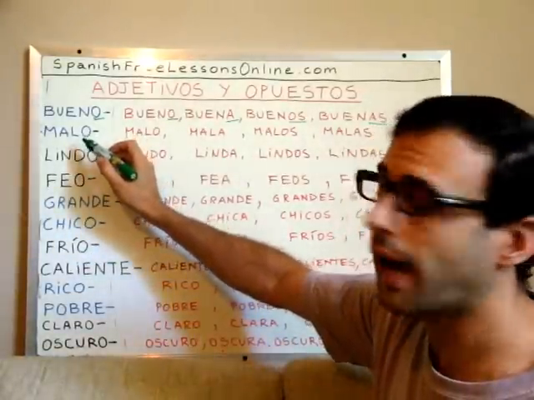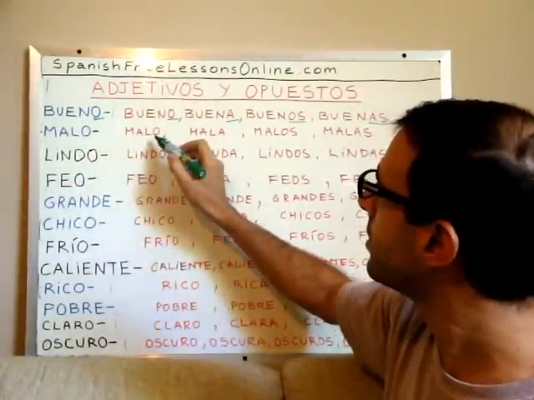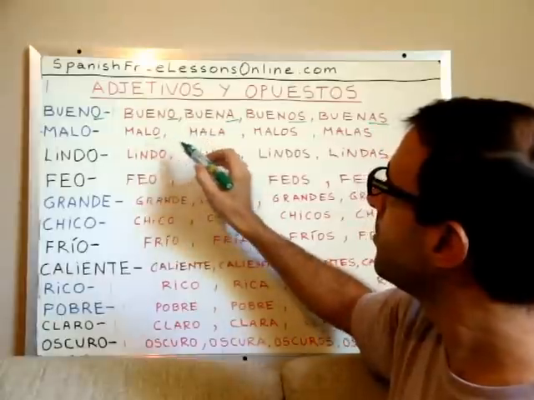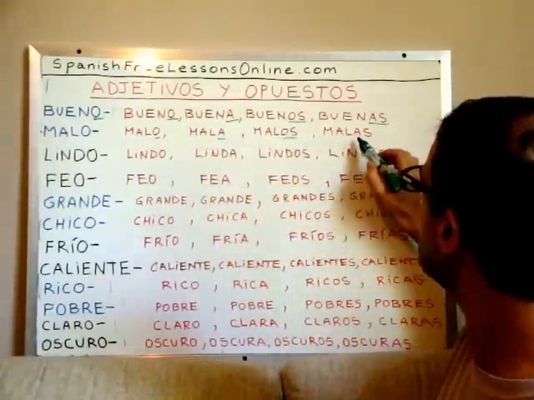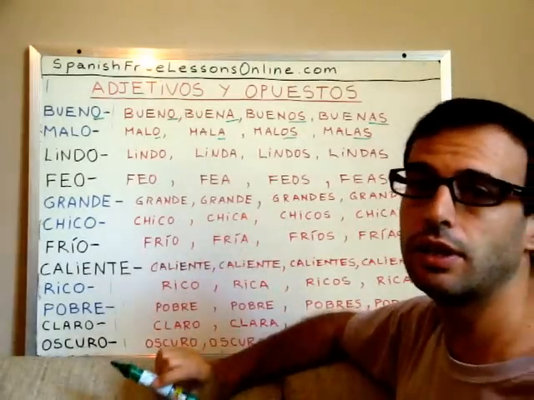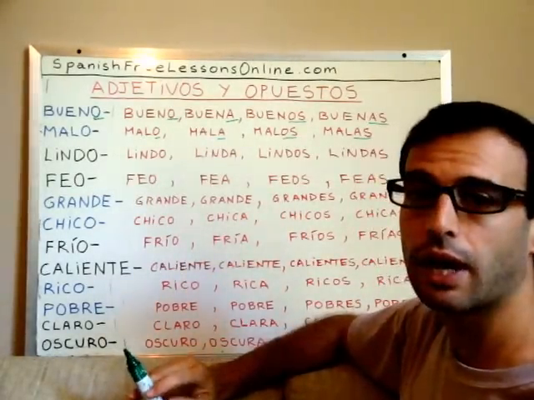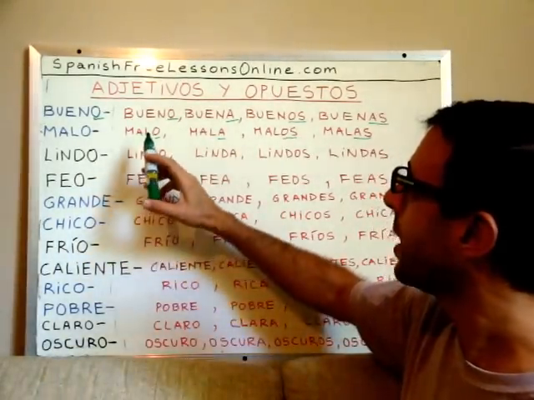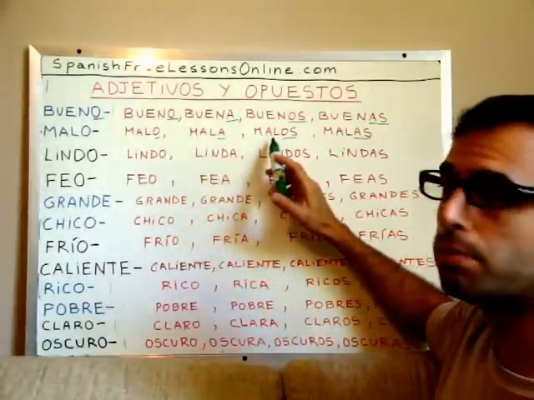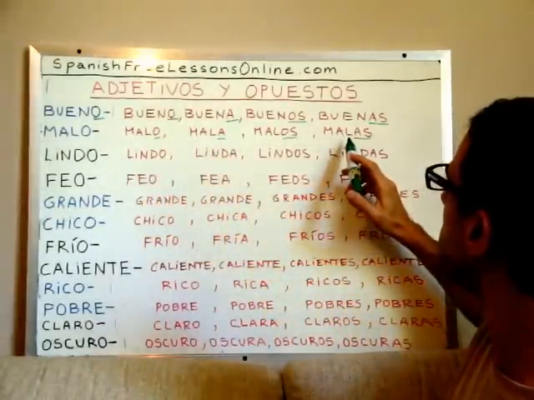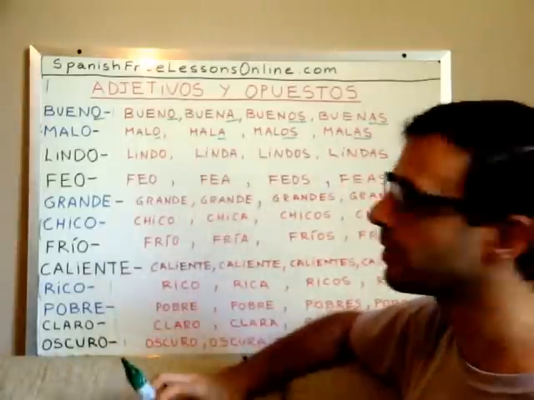Malo or bad would be malo, mala, malos, and malas, depending on the noun, if it is a masculine singular or a feminine singular, or a masculine plural noun or a feminine plural noun.